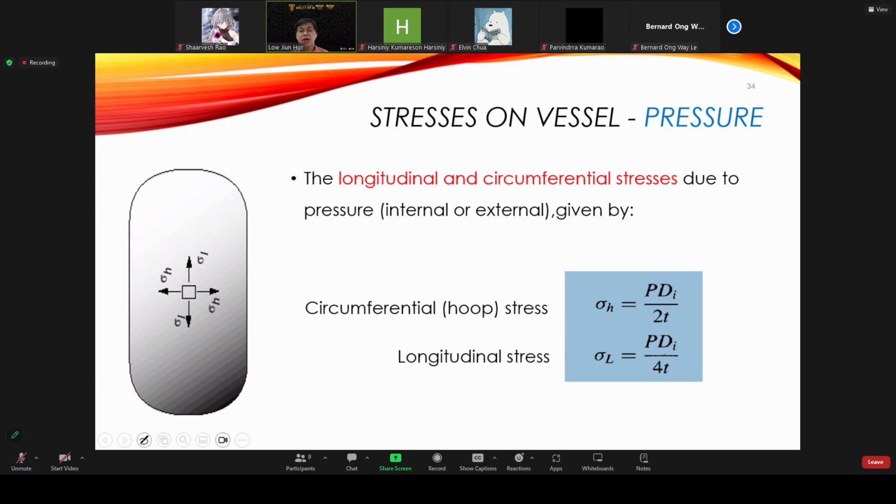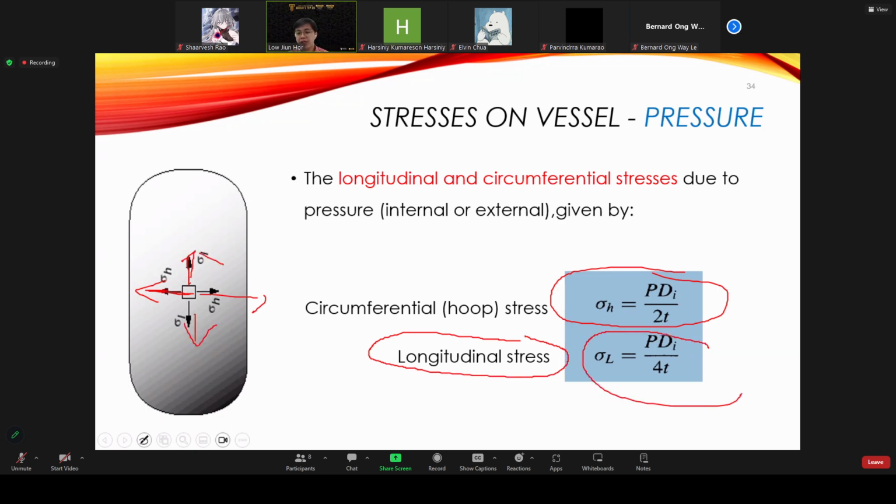If you want to calculate the circumferential stress, you can apply this equation. If you want to calculate the longitudinal stress due to the pressure, you can apply this equation. These equations are similar to what we learned in our previous lecture, we just recap and recall them. And don't forget, these two stresses are contributed by the pressure of the pressure vessel.